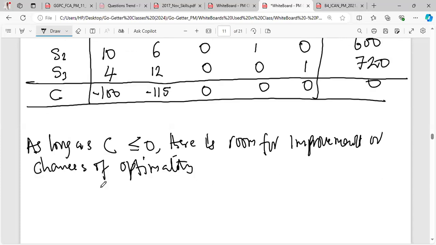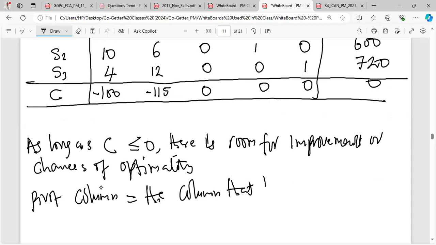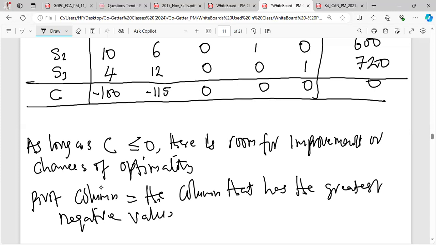The pivot column is the column that has the greatest negative value of C. If you look at 100 and 115, 115 has the greatest negative value.